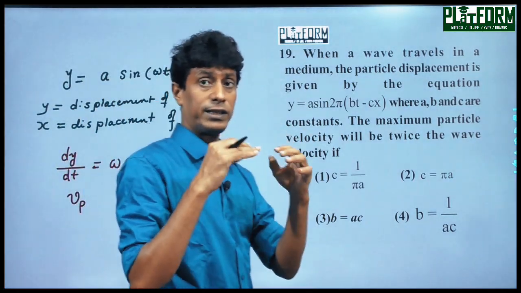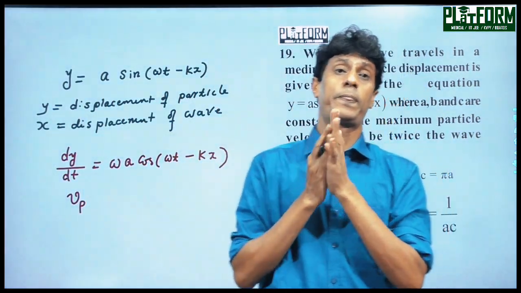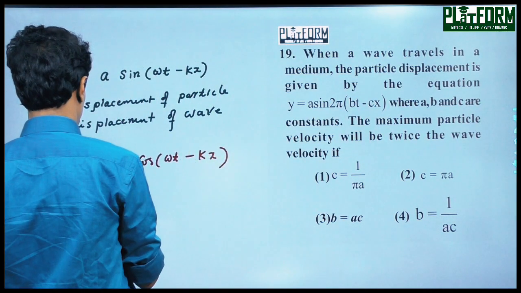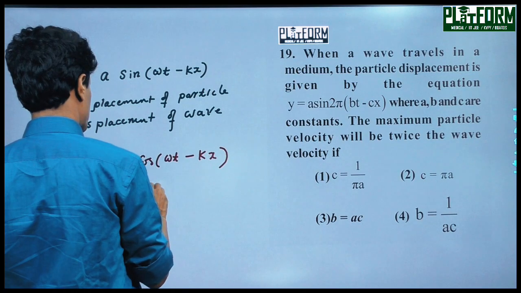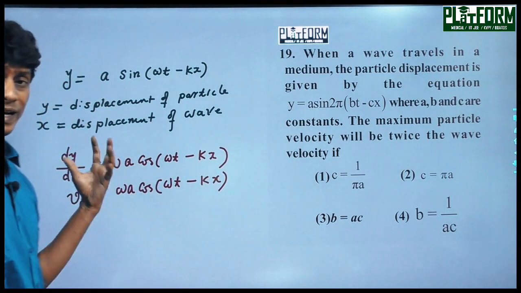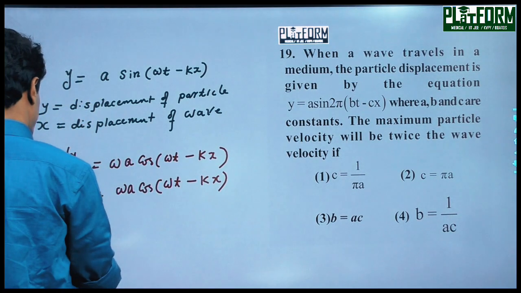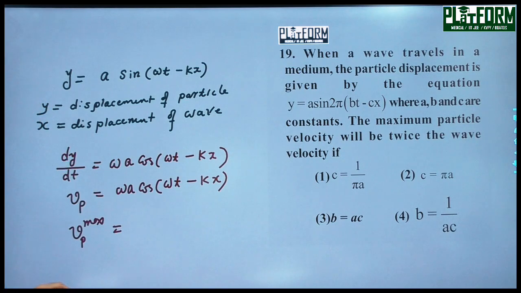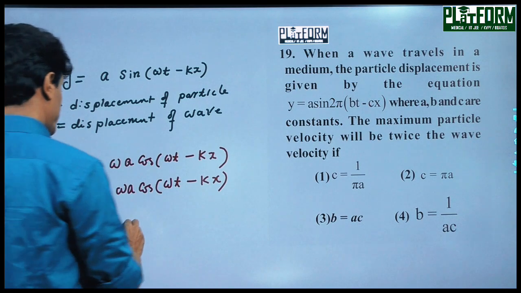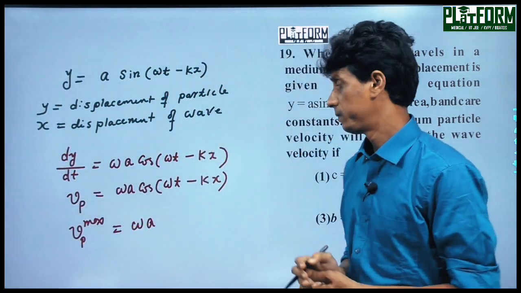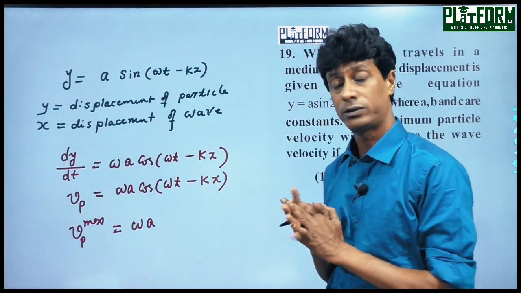When a particle is oscillating, the particle also has velocity. For any particle oscillating in simple harmonic motion, the maximum particle velocity is equal to omega a. The maximum value of the cos function is equal to 1, so omega a.